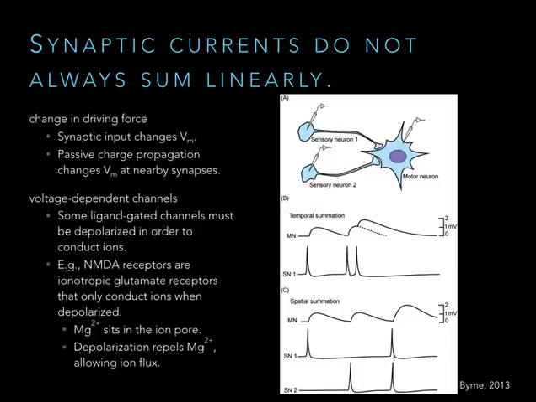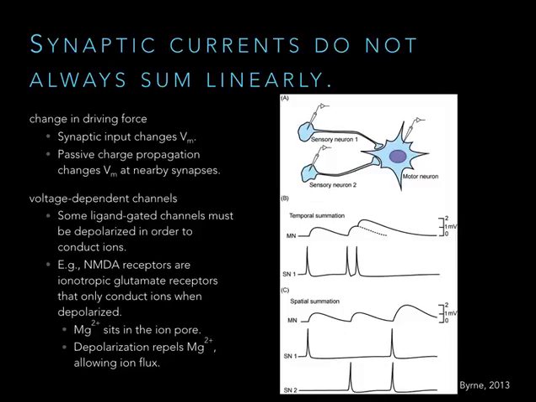Stimulating it twice doesn't give you double the depolarization, and that's because of the change in driving force. You see this whether you sum over time or space. If you were to activate 2 excitatory synapses at the same time, you won't get double the excitation. You'll get something very close, but not quite the double.